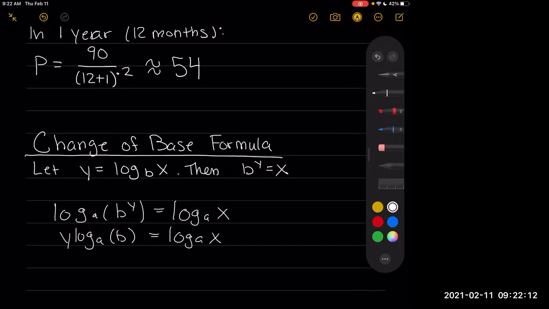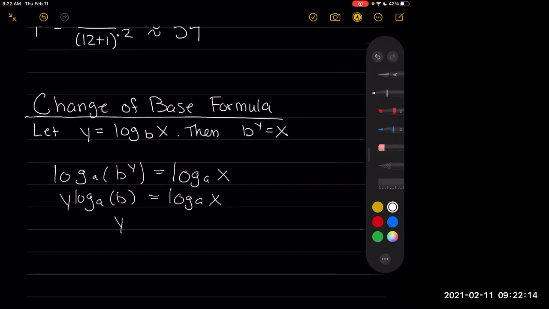And then we have y equaling log a of x over log a of b. Remember our y up here is log base b of x. So this lets us know how to compute y with a different base.